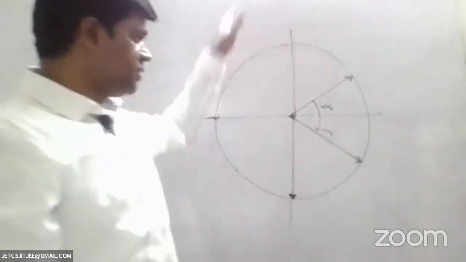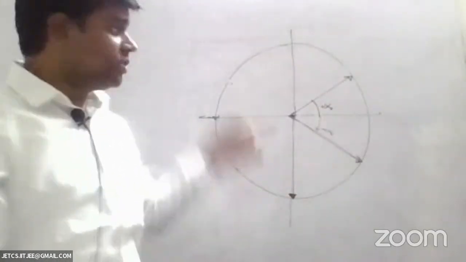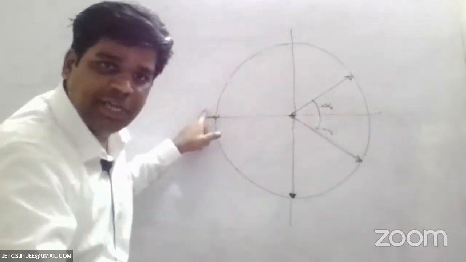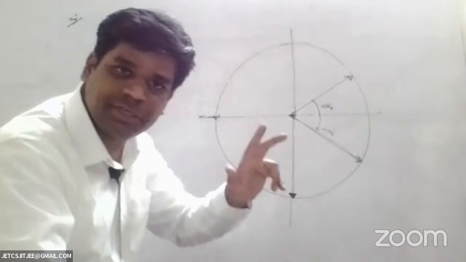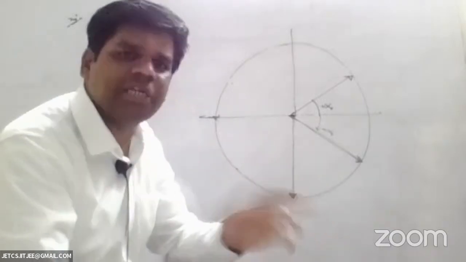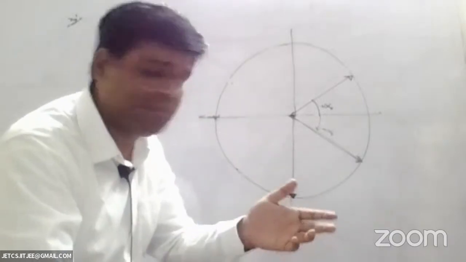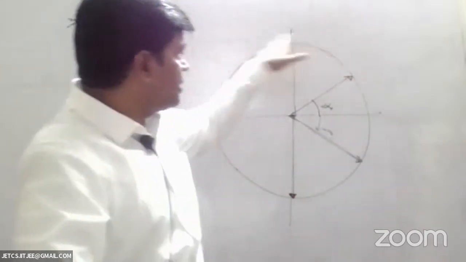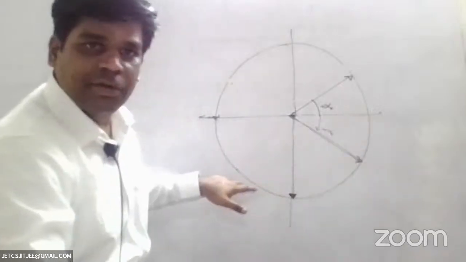Sorry, anti-clockwise is positive, clockwise is negative. Why? Because the tangent line was pasted here. If it were pasted here while deriving all these things, our whole trigonometry would have been reversed. I mean, the convention would have been reversed. Math would have been the same, but the convention would have been reversed. But because I pasted the number line here, anti-clockwise is positive, clockwise is negative.